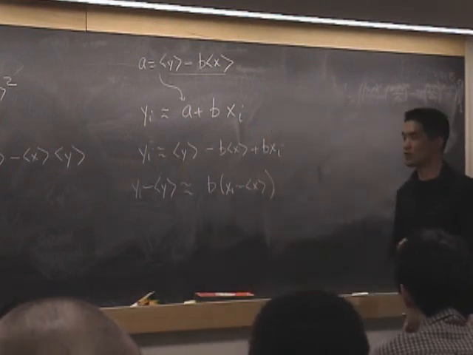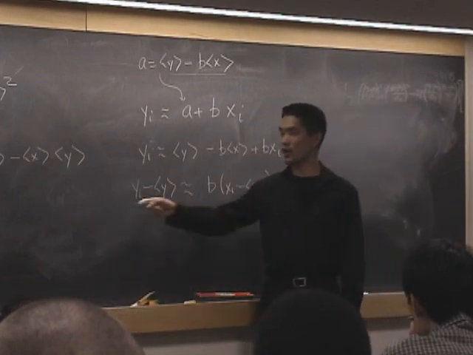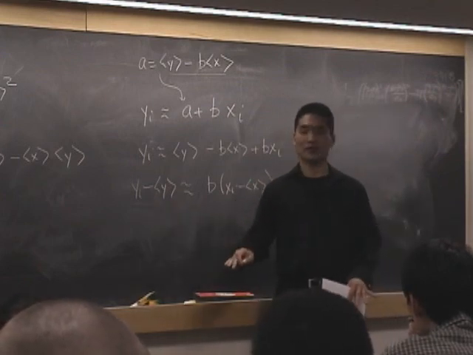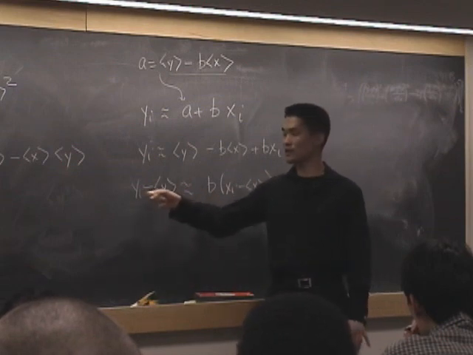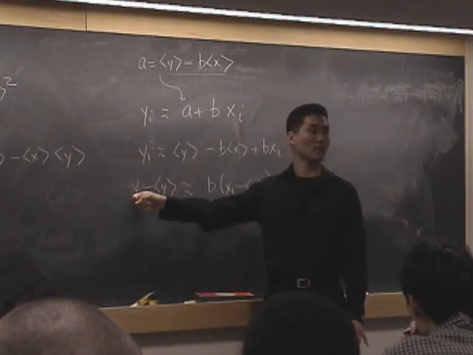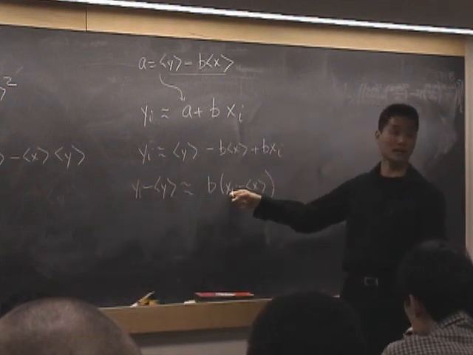Then we can express our model fitting problem in this form. If I take all of my data, before I do any fitting, I compute the mean of y and the mean of x, and I subtract the mean of y from all the data points y, and the mean of x from all the data points x.